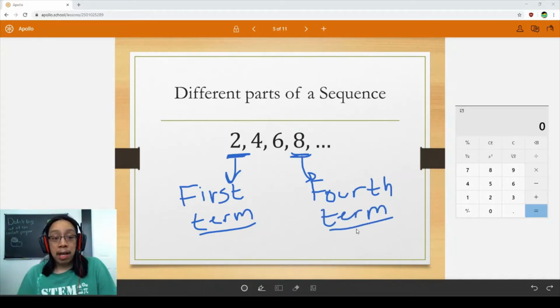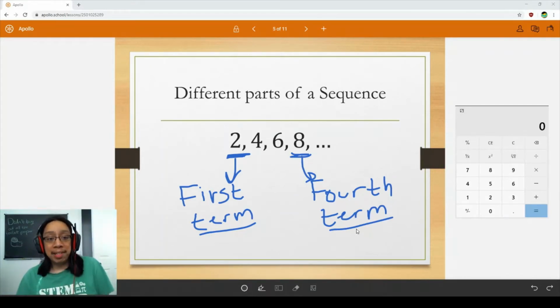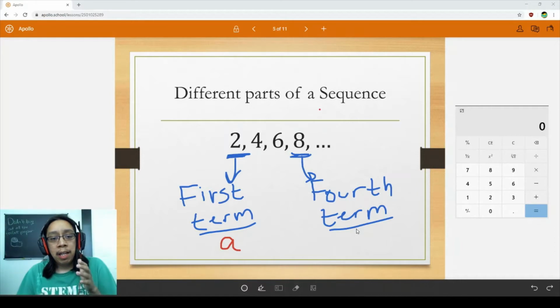Now, in algebra or in math in general, it's important to know where the first term is or where any of the terms are, but it's also equally as important to know how you'll normally see these types of vocabulary words. One of the ways you might see it, besides the way it's presented on the screen right now, is using sequence notation. Sequence notation uses a little a, and then at the bottom of that letter, you're going to write down what term number it is.